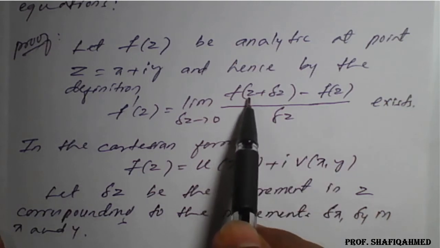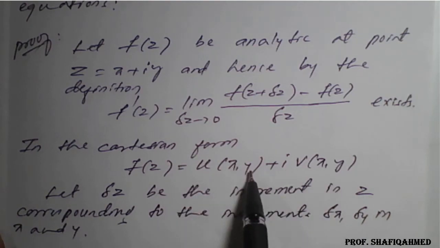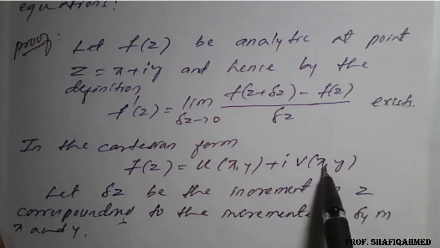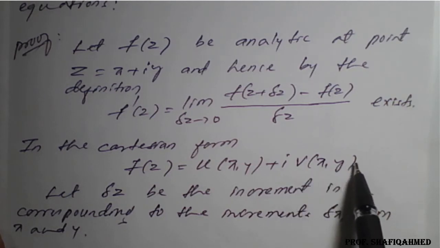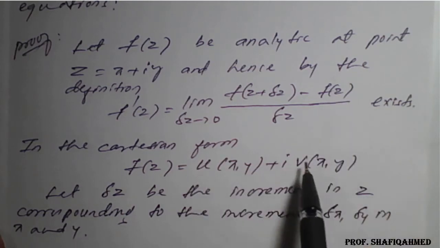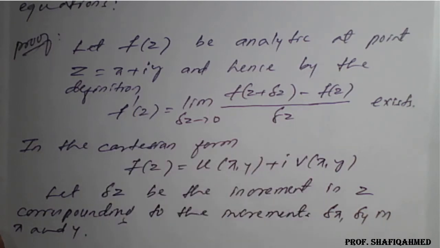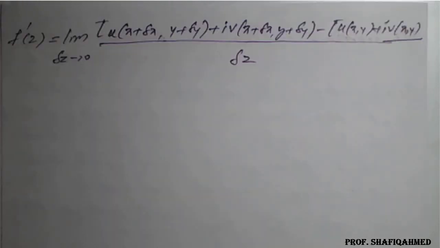In place of z plus delta z we replace the increments, x plus delta x, y plus delta y, and f of z remains as it is. So the Cartesian form of f dash of z is in terms of small increments in x and y respectively. We'll continue.